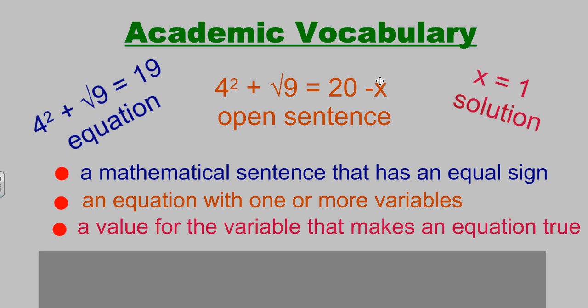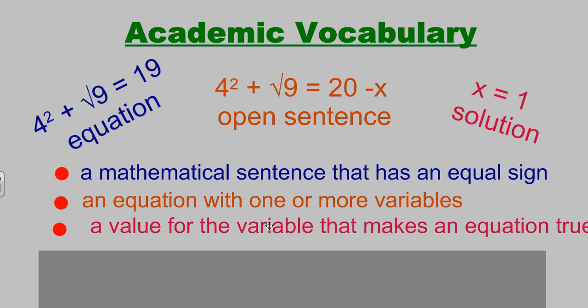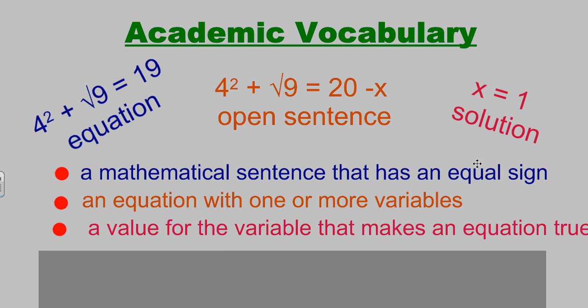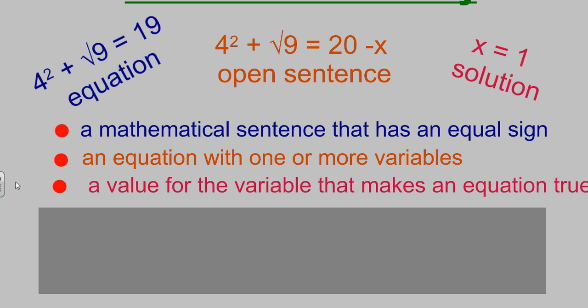So our variable here is x. And finally we have a solution. A solution is a value for the variable that makes an equation true. And in this case, this value of 1 would make this open sentence true.